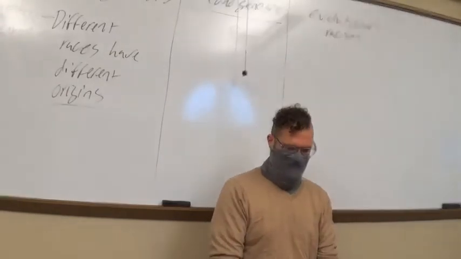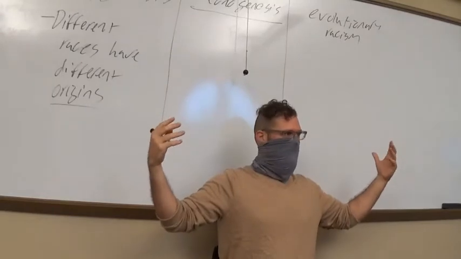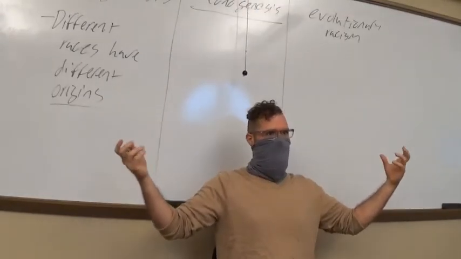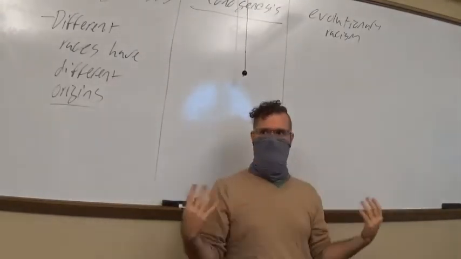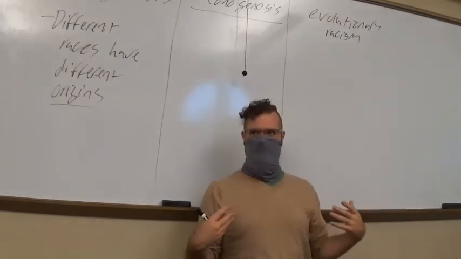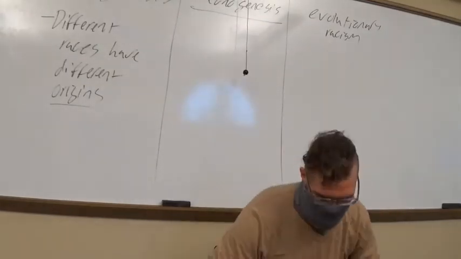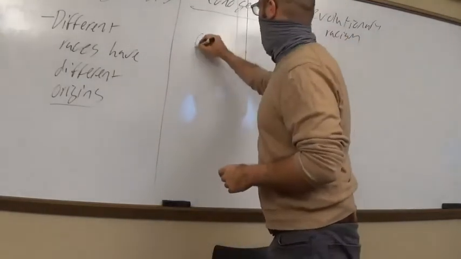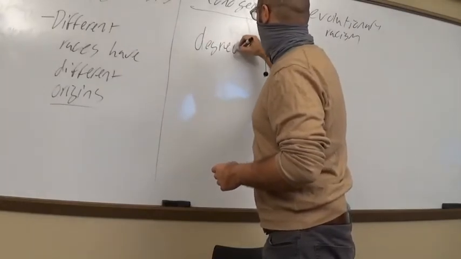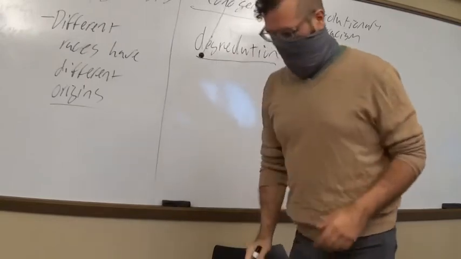Anyways, the idea is that as you moved out, you particularly adapted to whatever environment you're in. Well, for Kant, he was very worried that now that people were moving around more, you would have interbreeding, which would in essence lead to the degradation of different races.